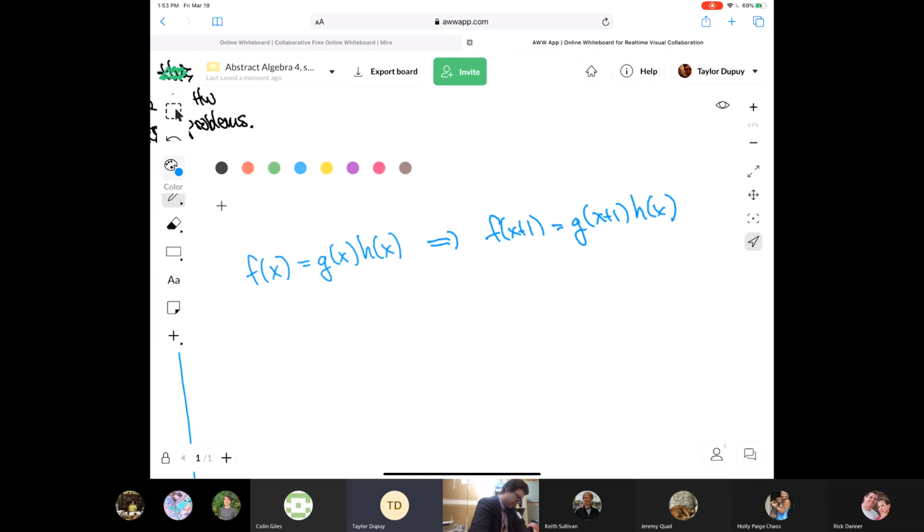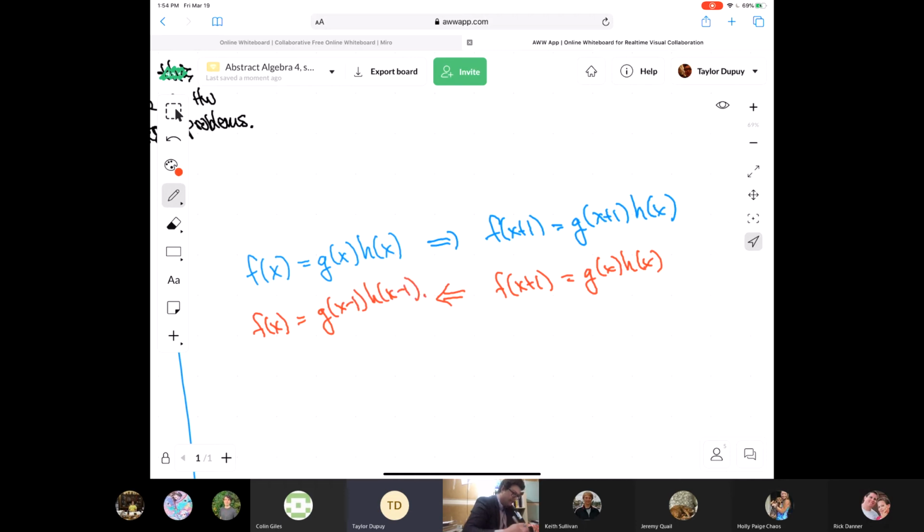Conversely, if I have f of x plus 1 is equal to g of x, h of x, well, this implies that f of x is equal to g of x minus 1, h of x minus 1, right? So if you have a factorization here, you have a factorization here, and if you have a factorization, you see what I'm saying? You can change out factorizations like this.